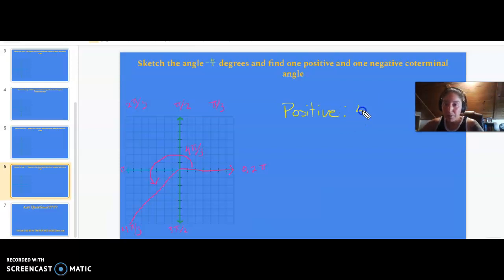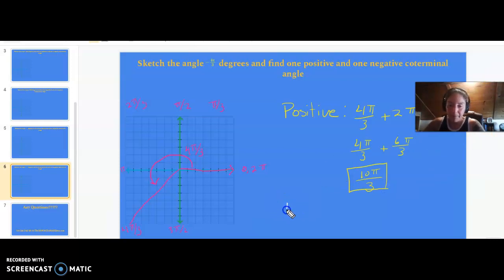Our angle was 4 pi over 3. We could have the same thing if we just went there and then went around again and we end up there. So we add 2 pi to that. 4 pi over 3, equivalent fractions, that's 6 pi over 3. So 10 pi over 3. That would give us an equivalent.